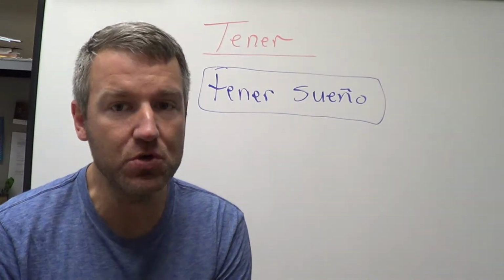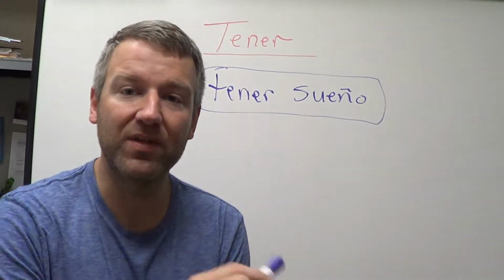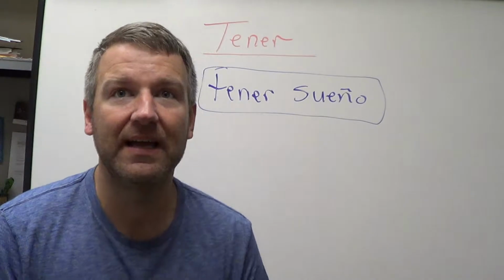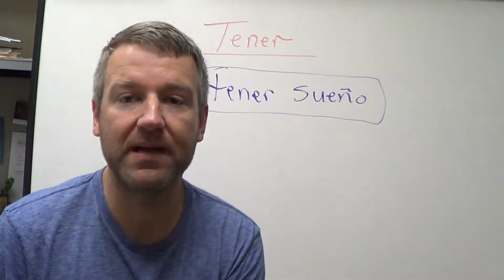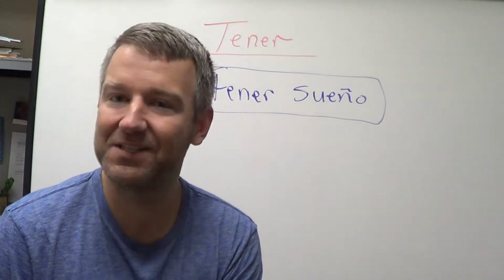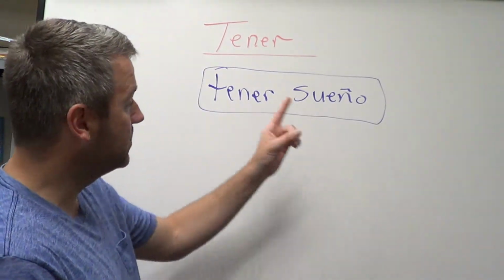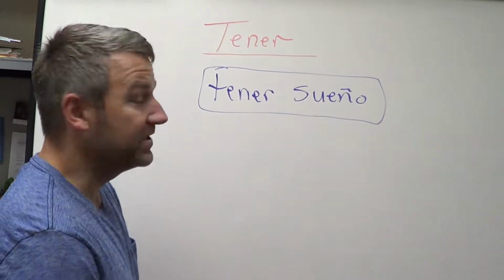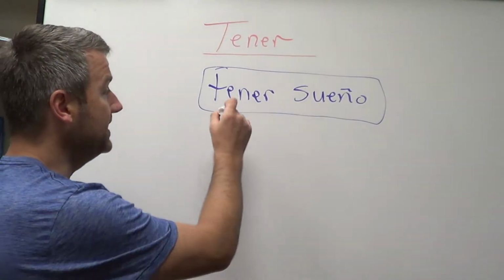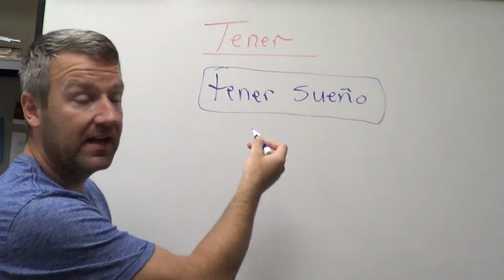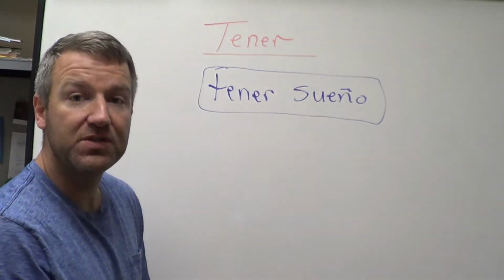However, we do not use the verb ser with these expressions, even though in our English minds that would be our natural inclination, but in Spanish we cannot. So a way to express to be sleepy is with tener sueño. So essentially all you have to do is use the correct form of tener with the expression sueño.